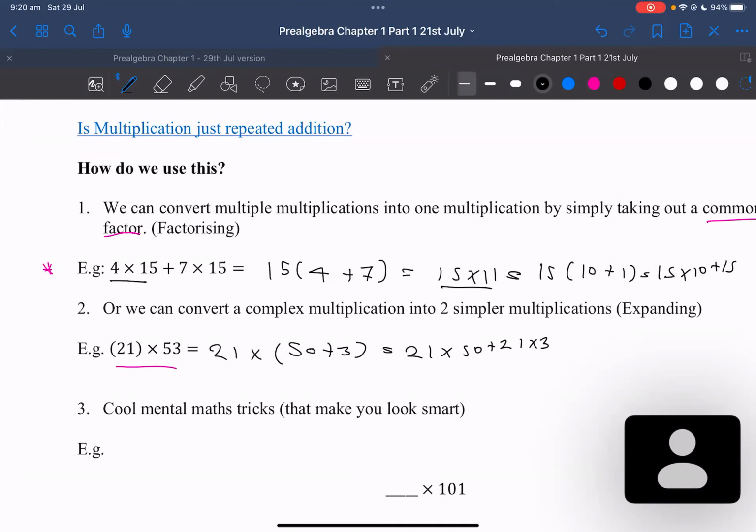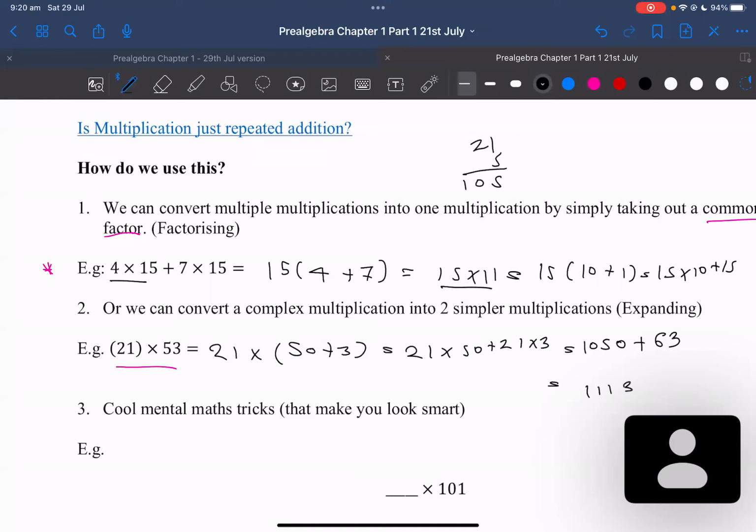And 21 times 5 is what? 105, is it? 21 times 5, yeah, 105. 105, add a 0, 1050, plus 63, which is just 1113, I think.